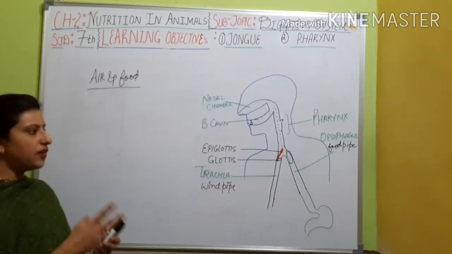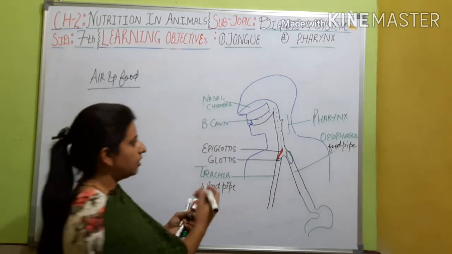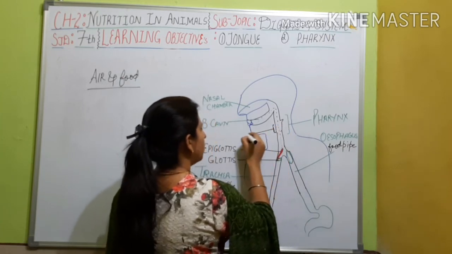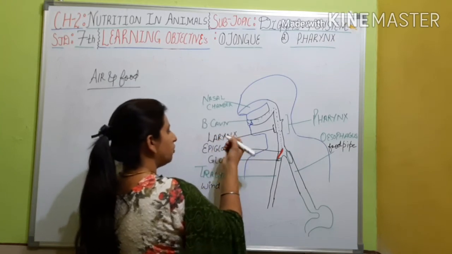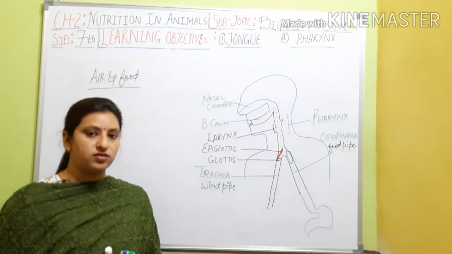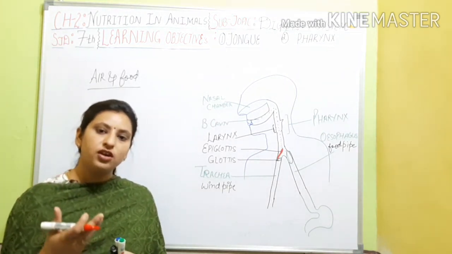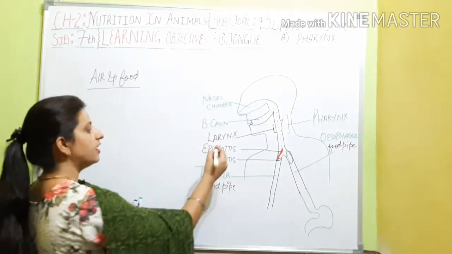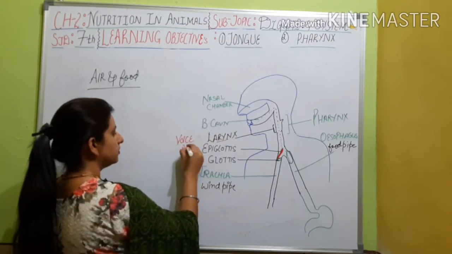Along with it, the pharynx is also of three types, as this part has the larynx. Now what is the larynx? The larynx is also called the voice box. You can hear my voice because of the function of this larynx.